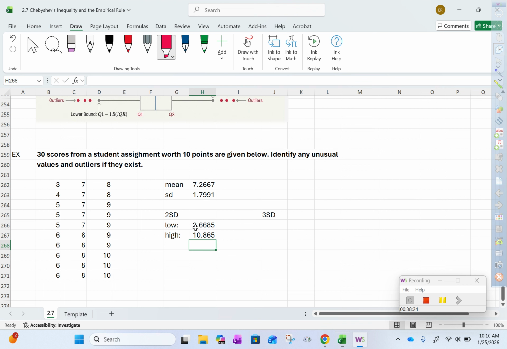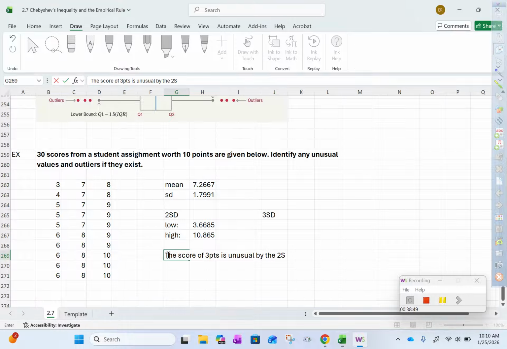So all numbers between 3.6 and 8.6 are going to be considered normal, and then outside of that would be unusual. So high end, we're good, but it looks like just the number 3 would be considered unusual. So the score of 3 points is unusual by the 2 standard deviation rule. Okay, if it was talking about outliers being unusual at 2 standard deviations, you would say it would be an outlier by the 2 standard deviation rule.